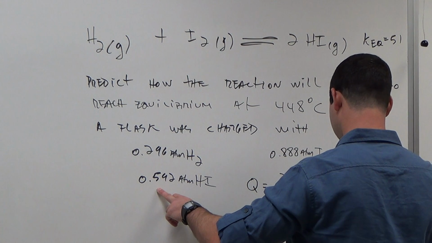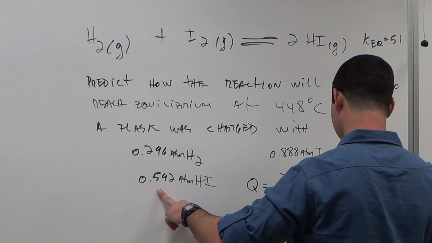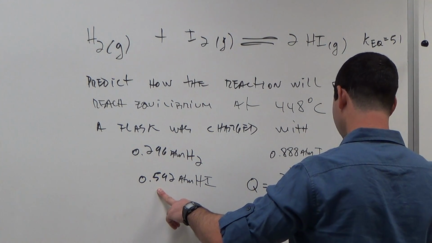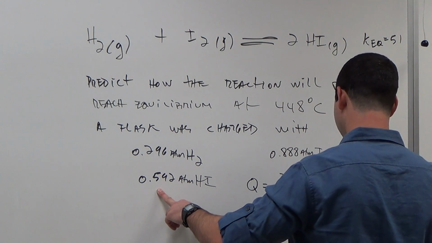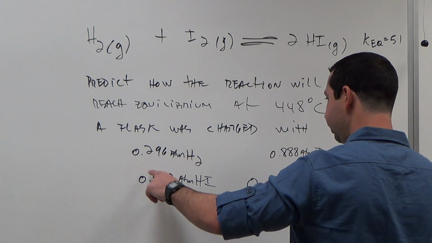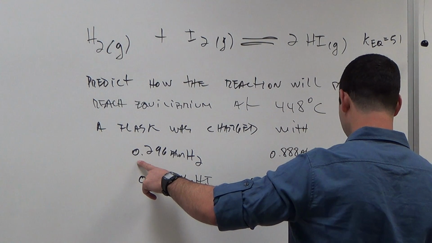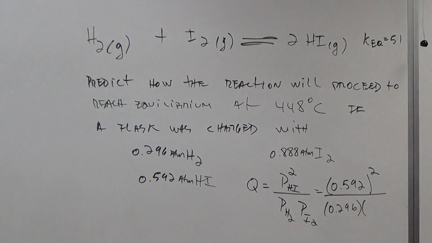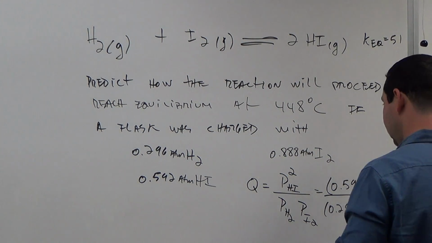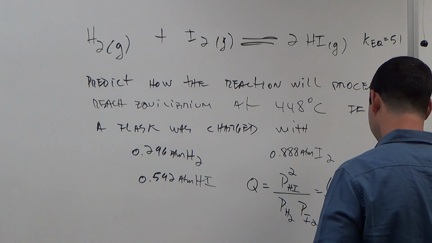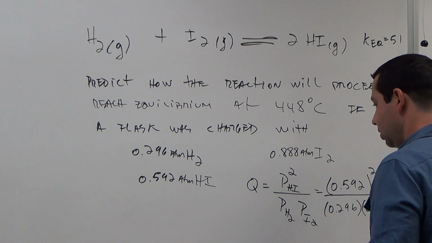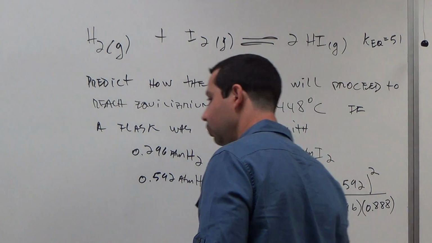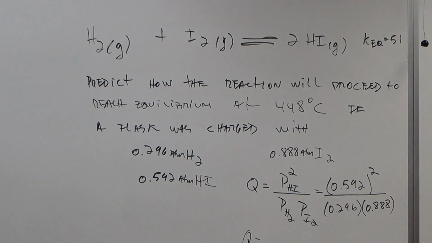HI is what pressure? 0.592 raised to the second power, divided by the pressure of H2, 0.296, also divided by the pressure of I2, which is 0.888. Is that raised to any power? No. So Q is equal to 1.3? Yes?